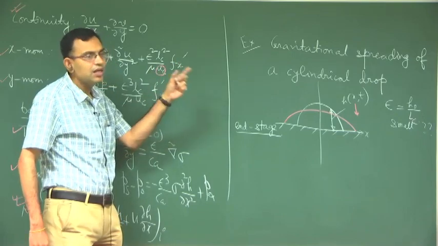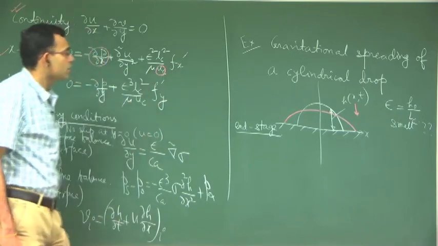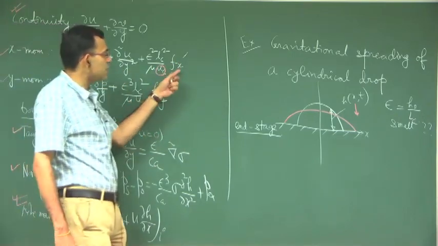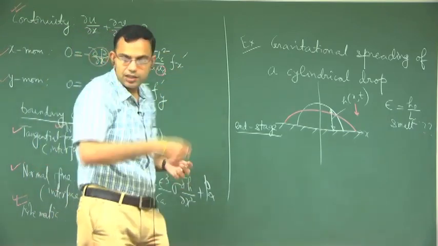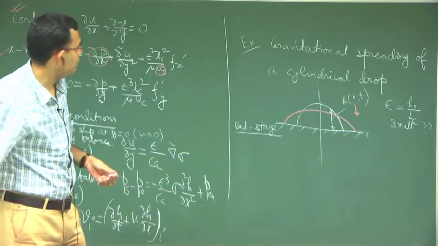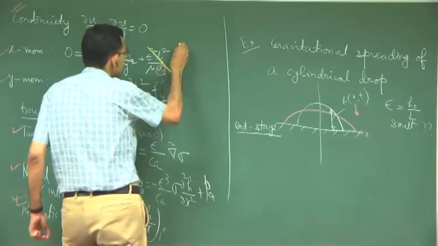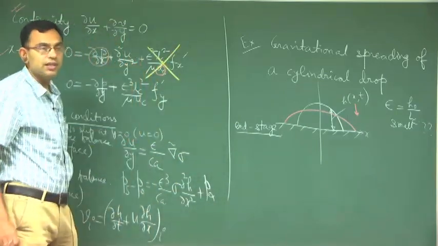In this case it is quite obvious. First of all, in this case there is no body force in the x momentum equation, because the entire body force is vertically downwards, which is due to gravity. So, I am crossing this term.